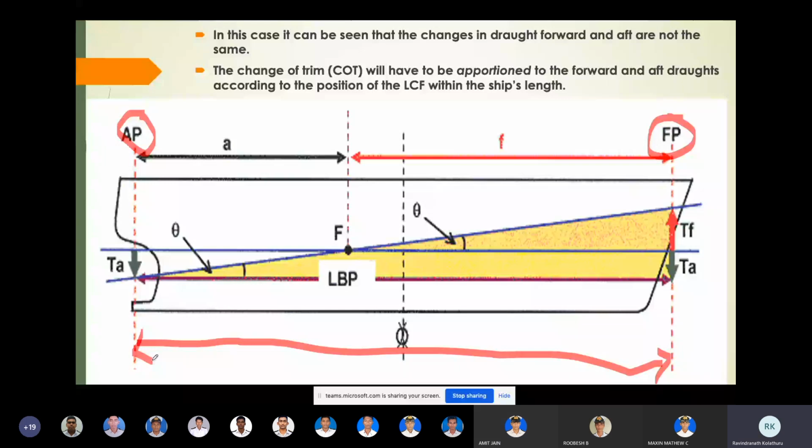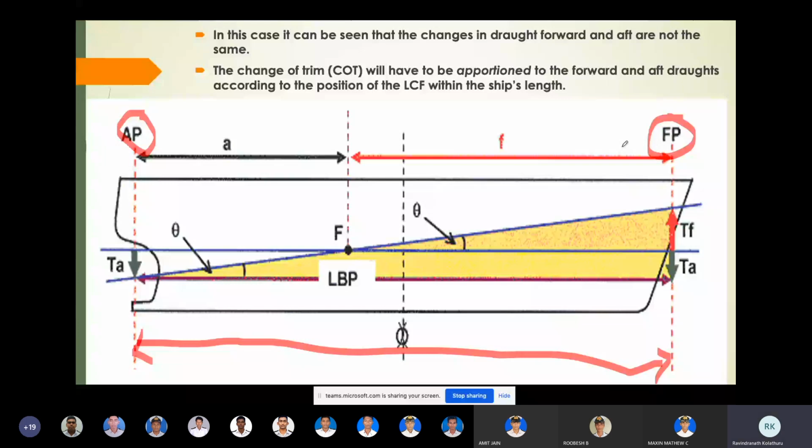What is the distance between those called? LBP, length between perpendiculars. The distance between your aft perpendicular and forward perpendicular is called LBP.